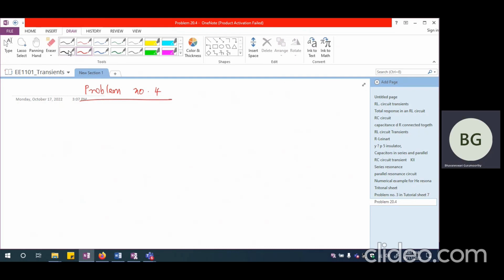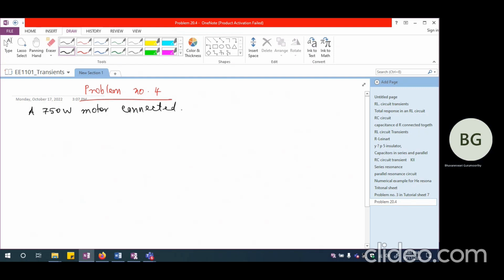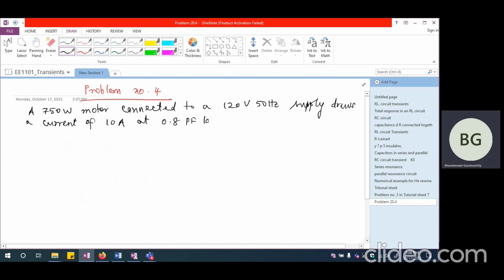So in problem number 4, the statement is a 750 watt motor connected to a 120 volts 50 hertz supply draws a current of 10 ampere at 0.8 power factor lag.